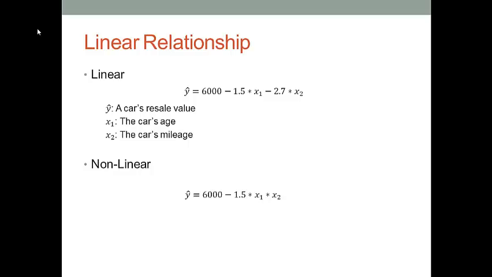Two different analysts get two different models. We call the first model the linear model. Why? Because the relationship between x1 and x2, the two independent factors, is a subtraction. We call the second model the nonlinear model because the relationship between x1 and x2 is a multiplication.